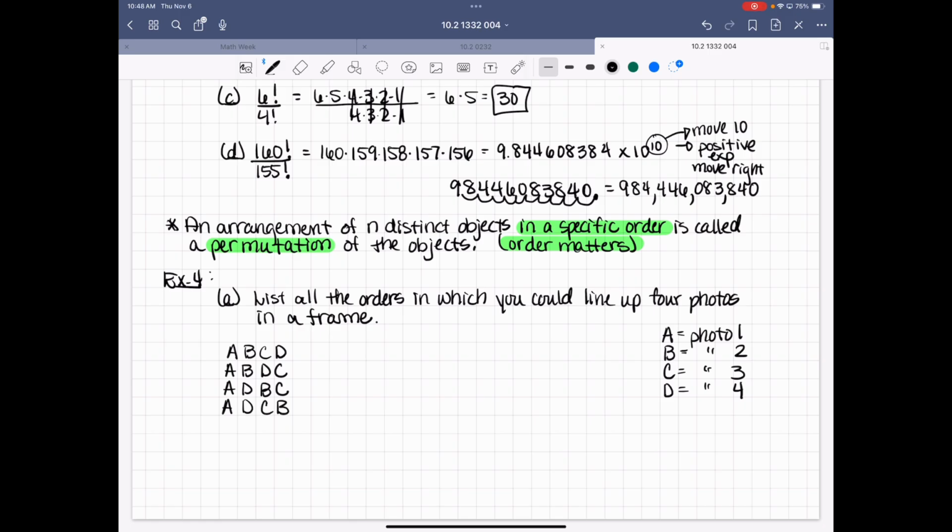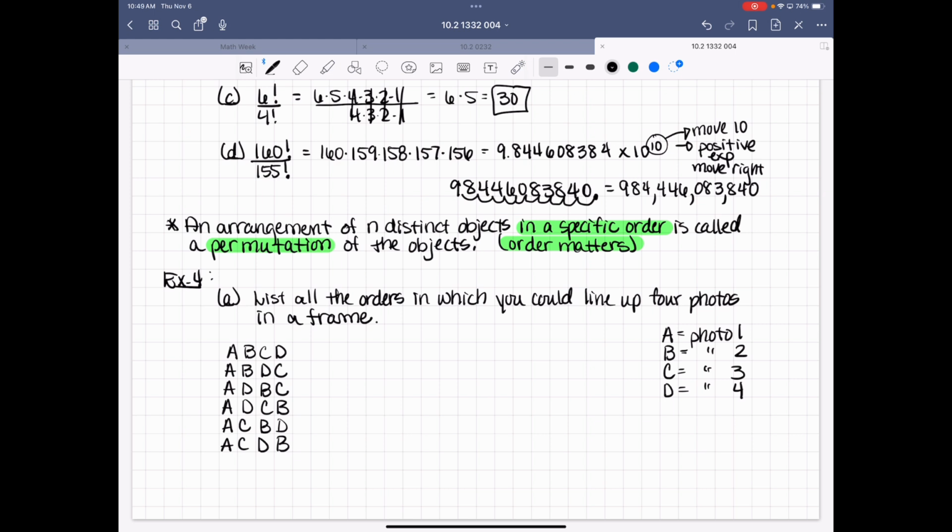So I got an ABCD, an ABDC, an ADBC, and an ADCB. Now we have to do an AC. You can't use the same picture twice, so I have ACBD and then ACDB. That's all the ways we can arrange those 4 photos with A first.